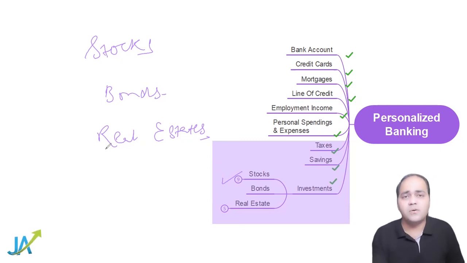If we talk about bonds, they are issued by the government or companies to raise funds by borrowing from investors. As an organization, I am going to borrow money from the investor. I also issue bonds for raising funds for specified projects.